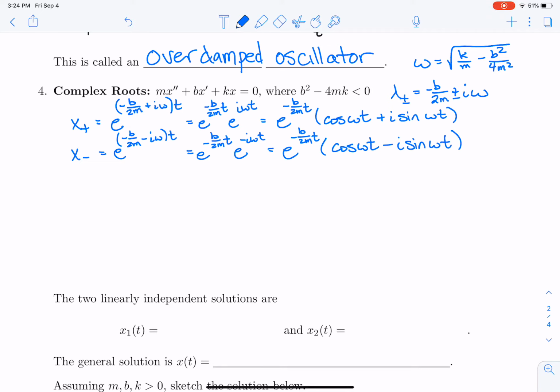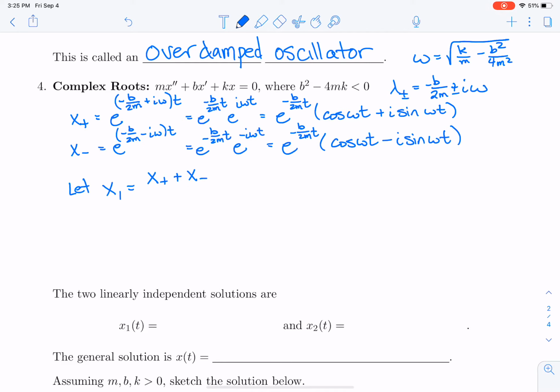What I want to do is look at linear combinations of these two solutions, because it's bothersome to me that this is a real oscillation, a real mass on a spring system that has some sort of damping to it, and the solutions that I got have complex parts that have no physical representation. So I'm going to let x1 be x plus plus x minus over 2.